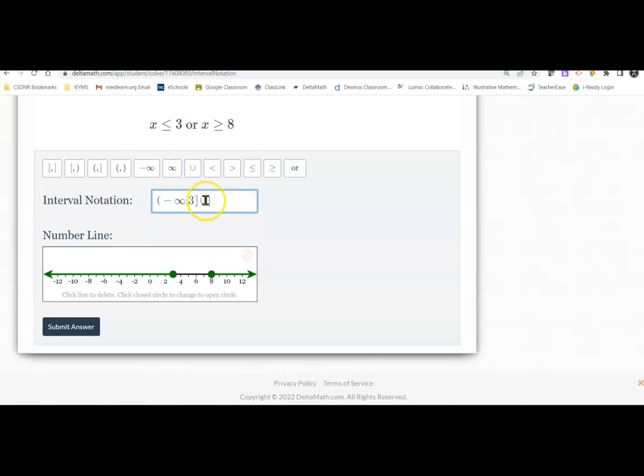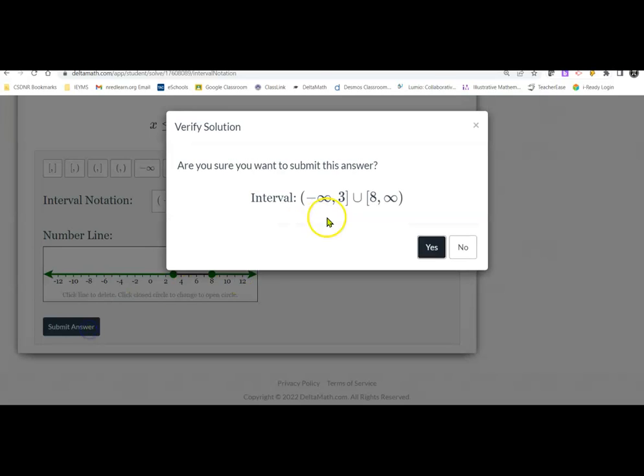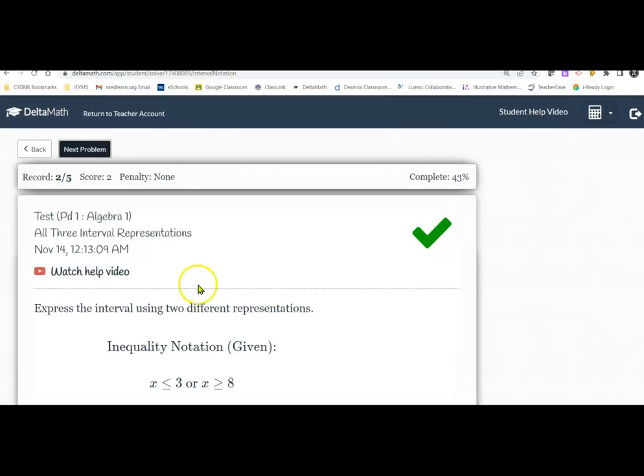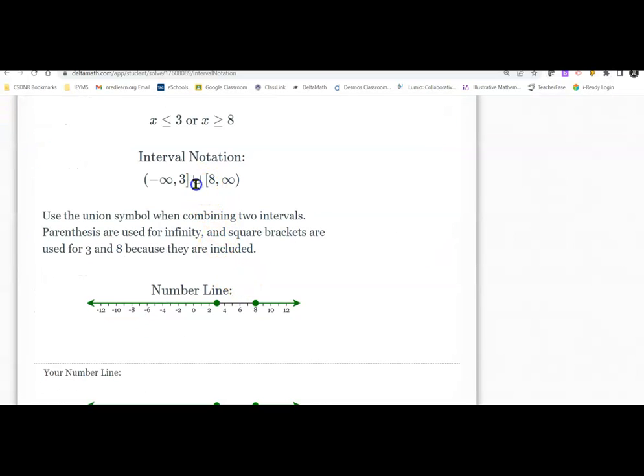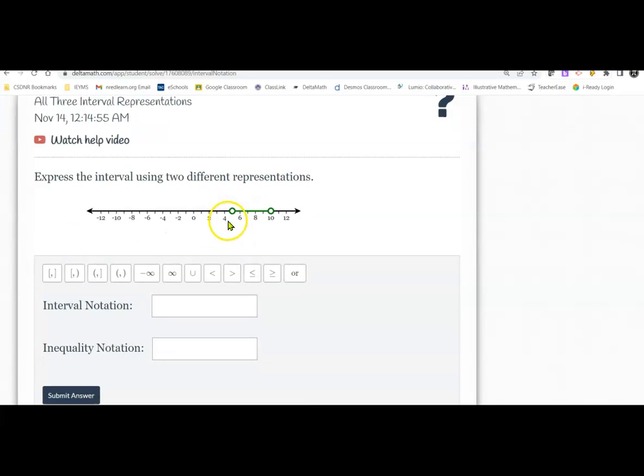We're going to combine that, union that with bracket and parentheses, because here is 8 and there is infinity. Infinity always gets a parentheses. And we're using that union symbol because we're doing interval notation. If we were doing inequality notation, we use the word or. Interval notation, we use the U, the union.